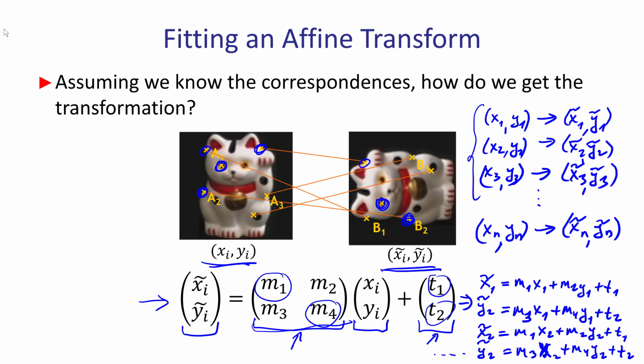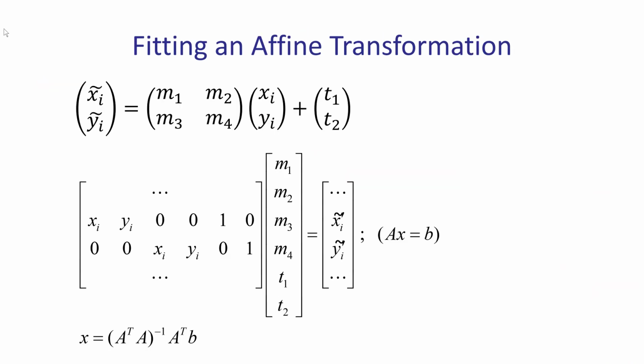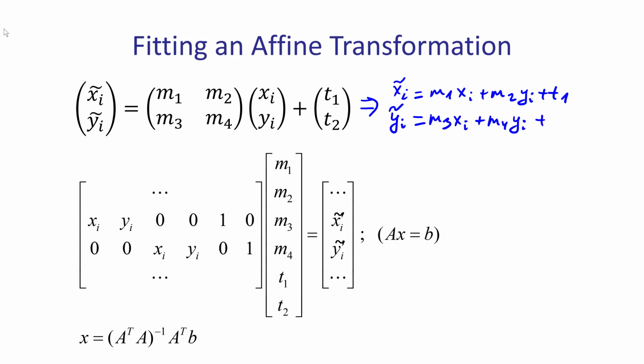Now, we can write that entire thing in matrix form. Let's see how we do that. So again, for any point i, we can write that thing as xi tilde equals m1 xi plus m2 yi plus t1, and for any other yi tilde, we can get m3 multiplied by xi plus m4 multiplied by yi plus t2.